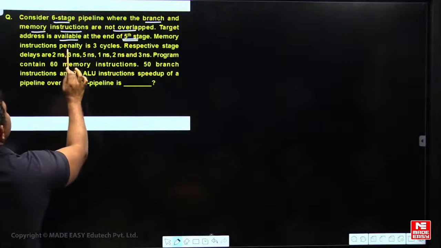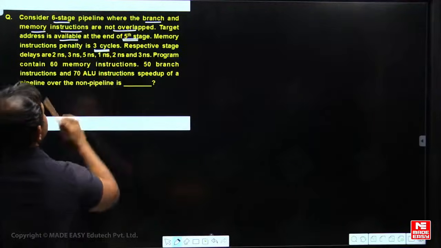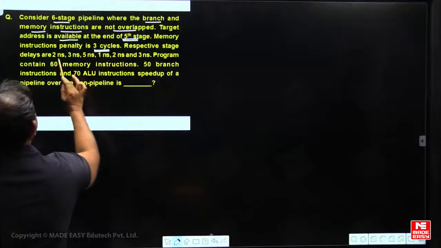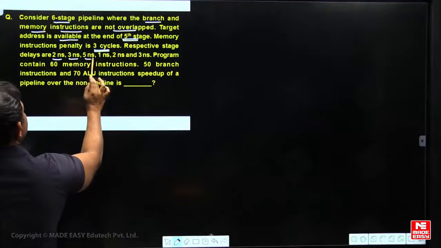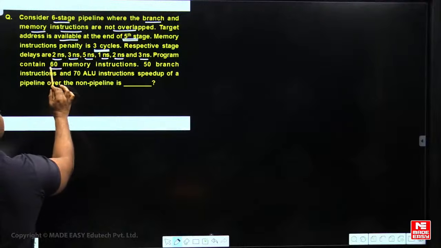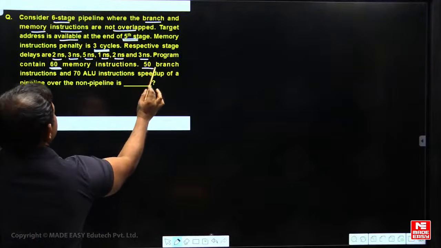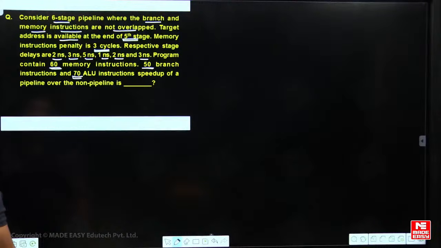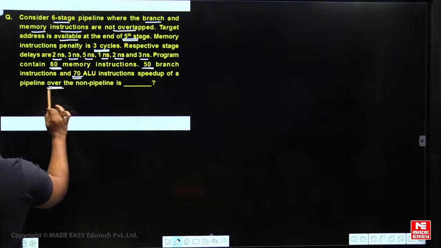Memory instructions penalty 3 cycles. Respective stage delays in nanoseconds: 3, 2, 3. Program contains 60 memory, 50 branch instructions, 70 ALU instructions. Speed up of a pipeline over non-pipeline.